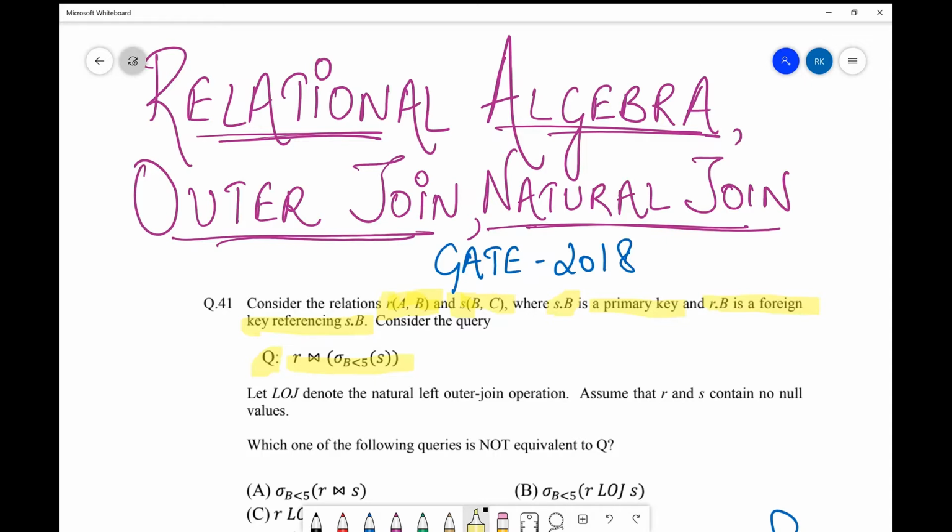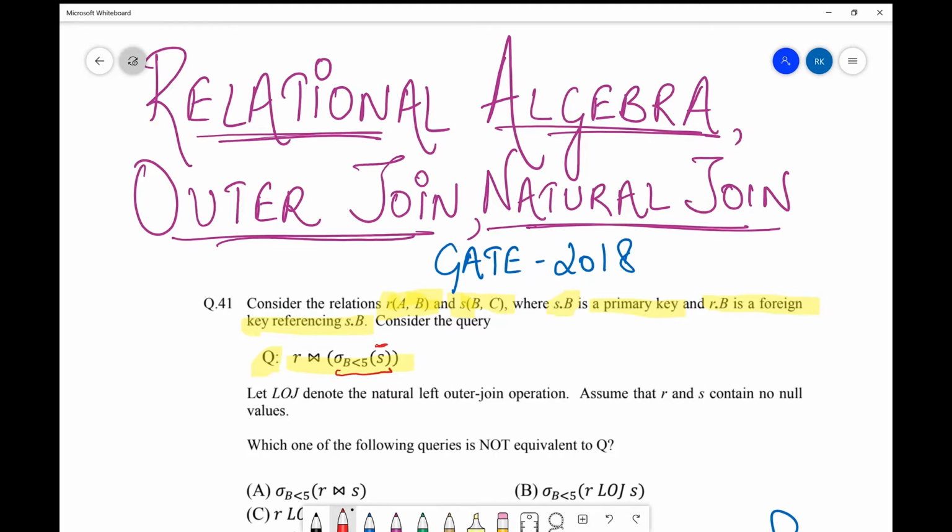Now let's analyze what this query is doing. When we move to the internal part of the query, first of all, it is performing a selection on records of table S. And what kind of selection? It is selecting all the records with B's value less than 5.